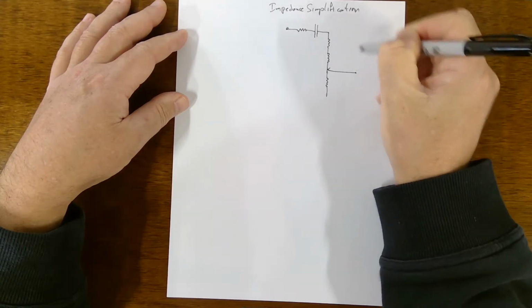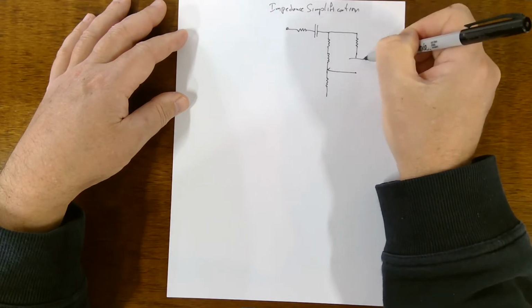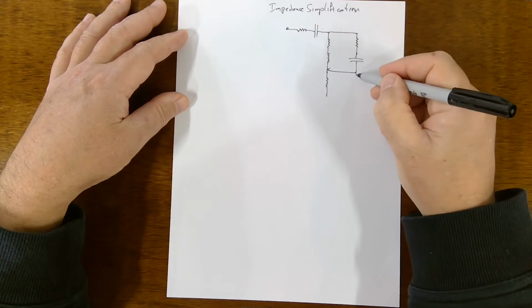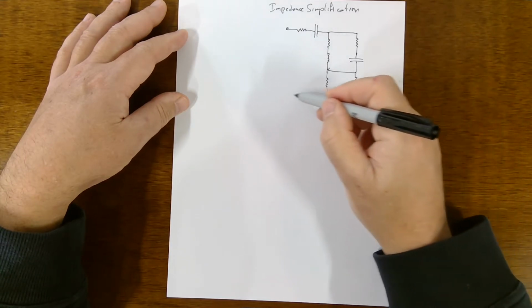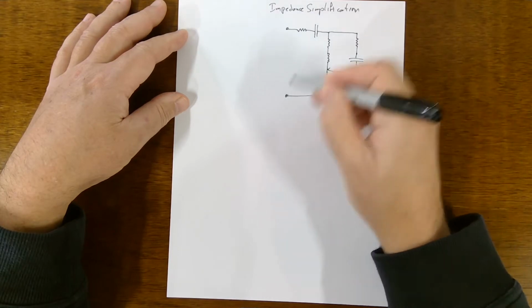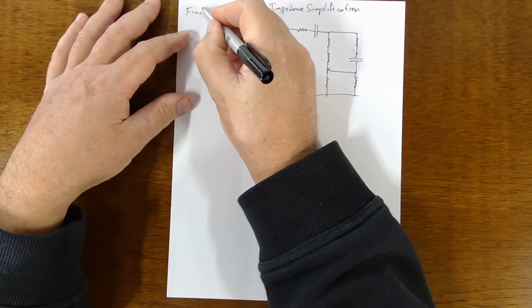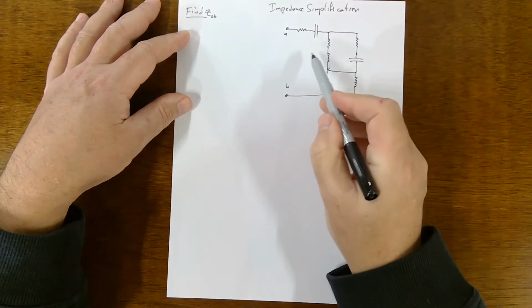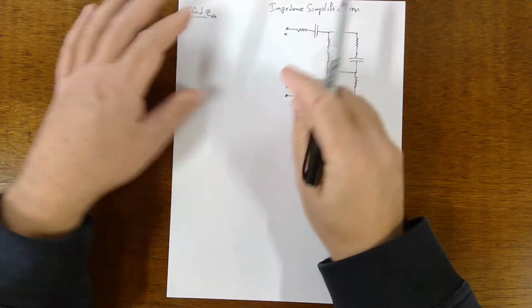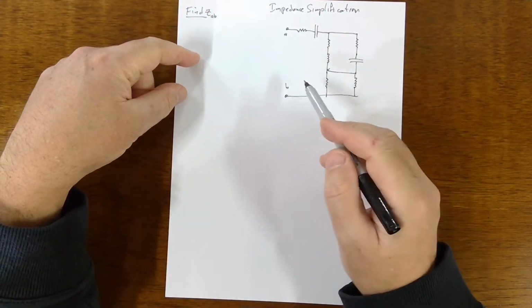We've got on this other branch over here a resistor, cap, an inductor, and there's nodes A and B here. What we're asked to find on this problem is the impedance between nodes A and B. So the total impedance seen from the left, seen from nodes A and B.